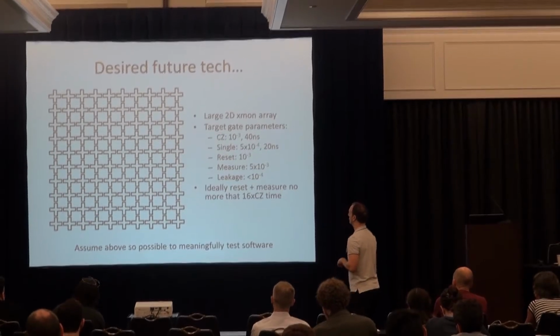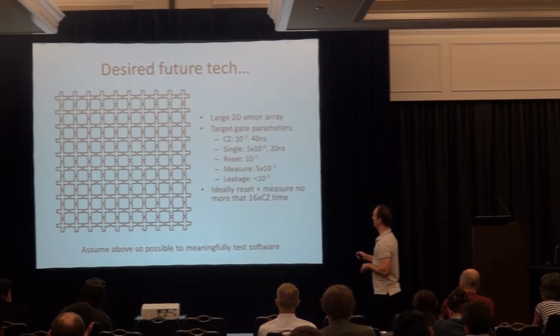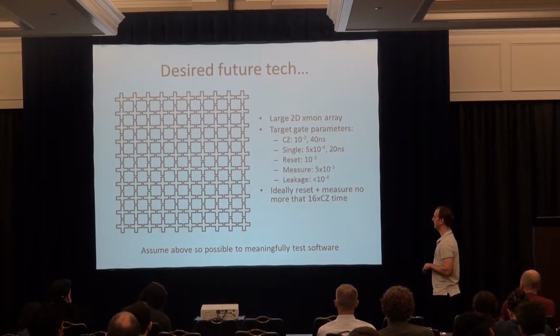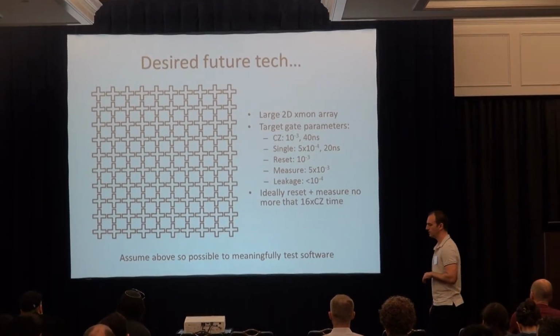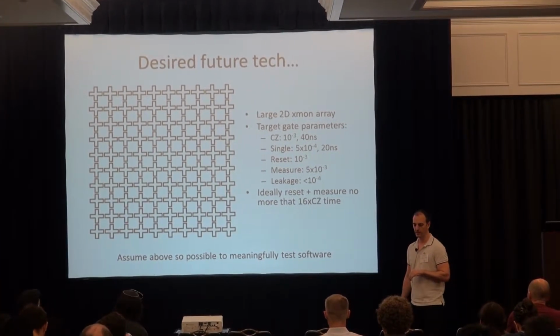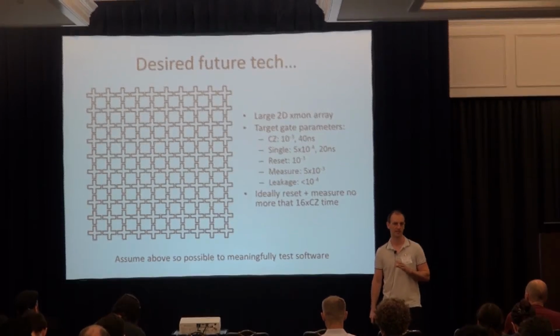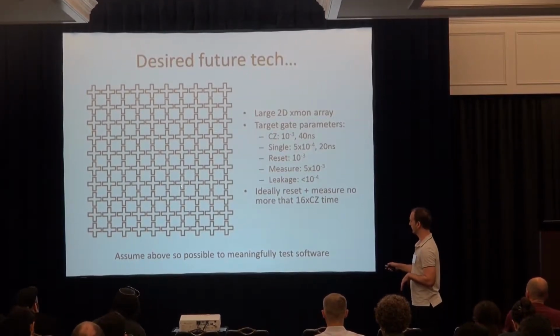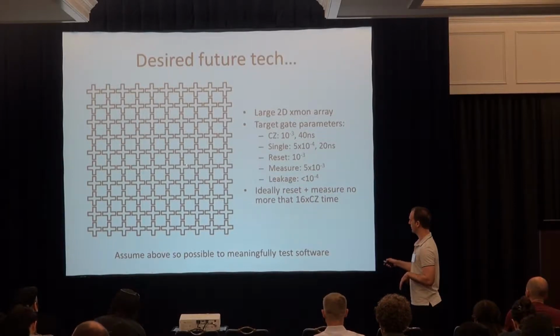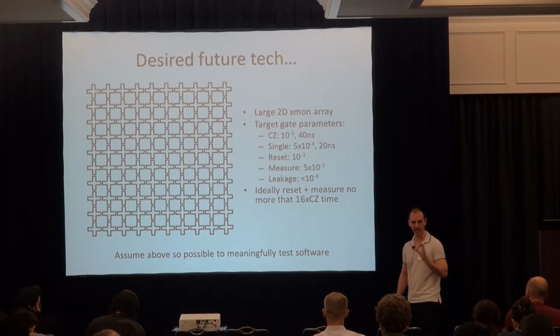So a few things to note are the speed of the gates that we're dealing with here. So you're looking at 40 nanosecond 2-qubit gates. The only thing that buys me a little bit of time is the fact we can't do CZ gates in parallel everywhere. So for example, if I'm doing a CZ gate here, then the 6 neighbors can't also be engaged in any CZ gate.